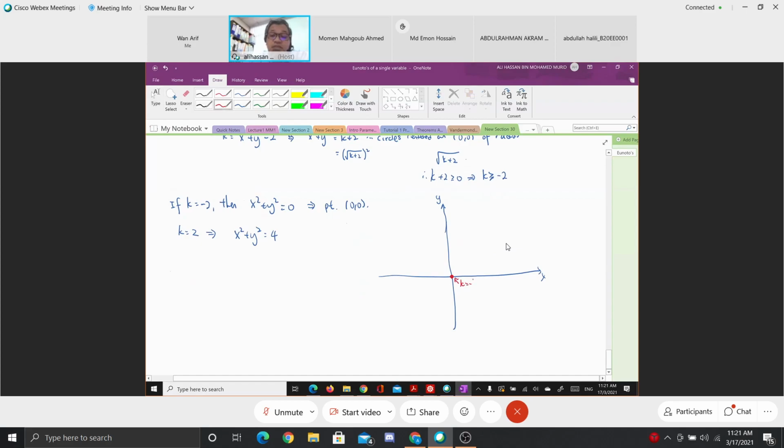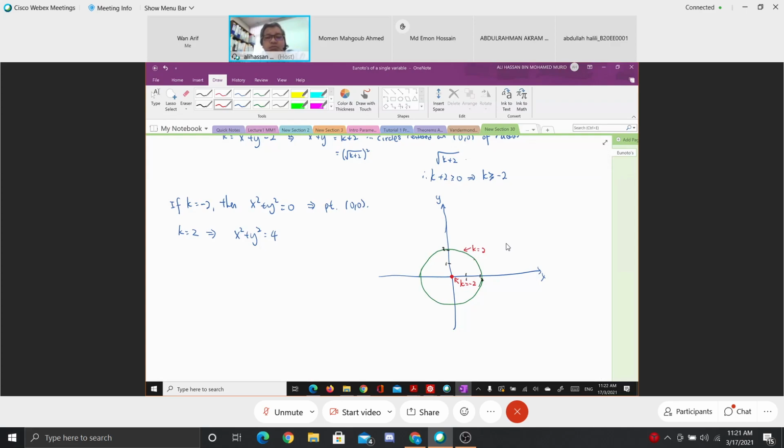When k equals 2, we have a circle of radius 2. So suppose this is 1, 2. Let's sketch a circle of radius 2, something like this. So this refers to the green curve, right?